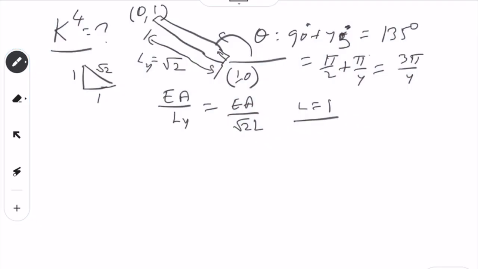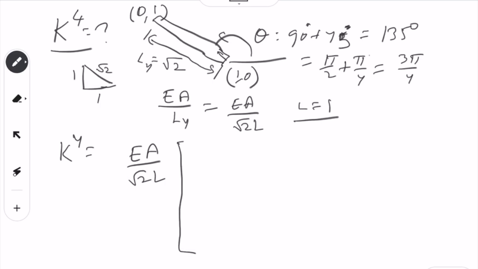So now we can directly write K4 equal to EA over root 2 L, and then we can write here cos square theta.